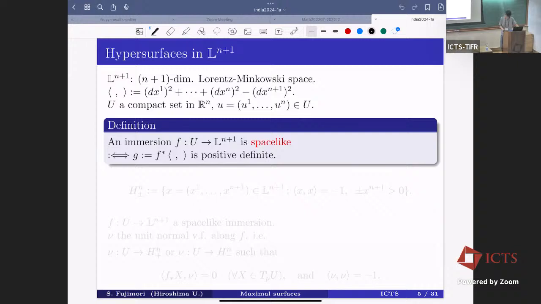But today, I will focus on maximal surfaces in Lorentz-Minkowski space. In the first half, I will give a brief introduction to these surfaces, and then in the second half, I will show an example of explicit construction of maximal surfaces with positive genus. Okay, now let's start.